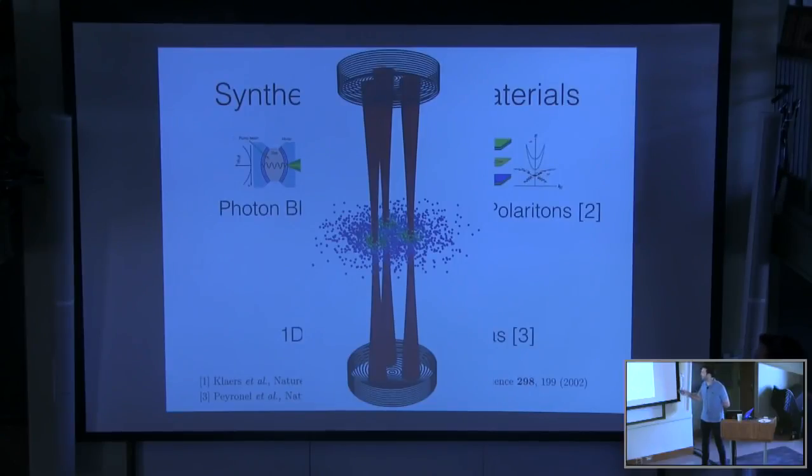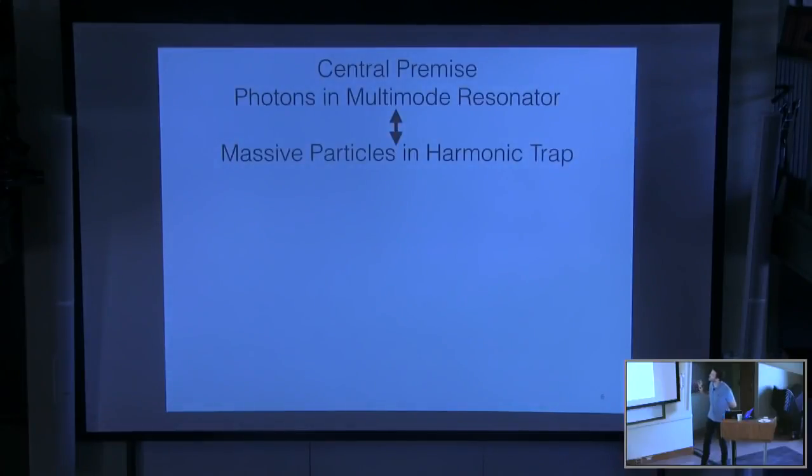But before we get into technical details of any of this, I'd like to explain this central premise, which is that photons in multi-mode resonators actually behave as massive particles in harmonic traps. It's really essential to understand this before we move forward. I want to emphasize, for starters, that I'm talking about a real space analogy, not a Fock space analogy.